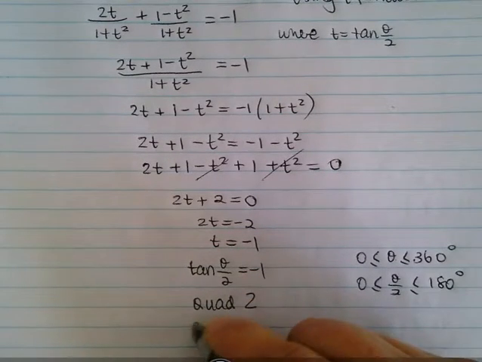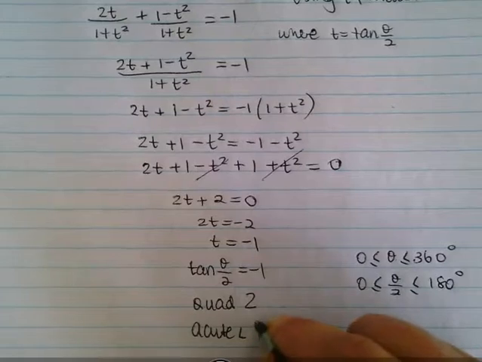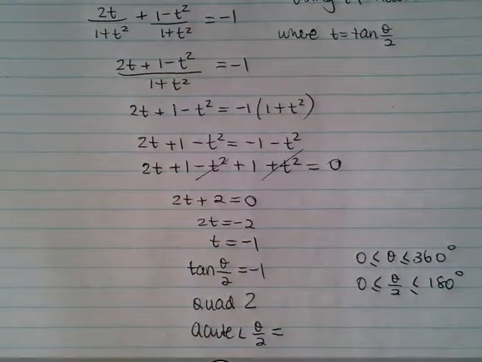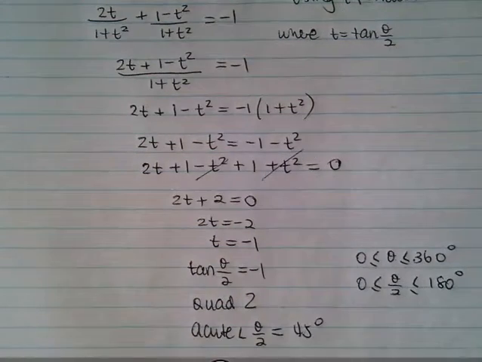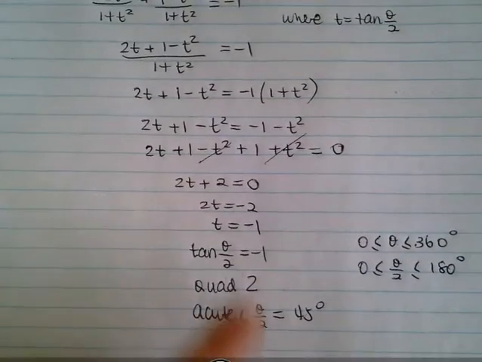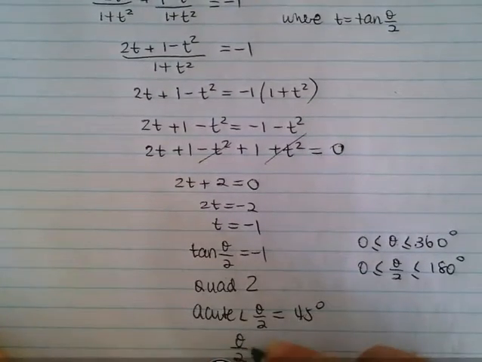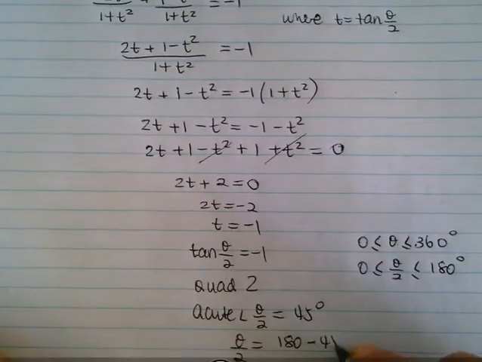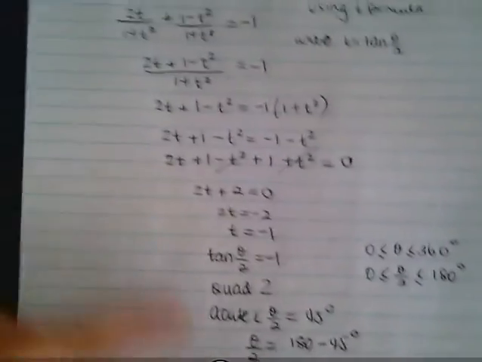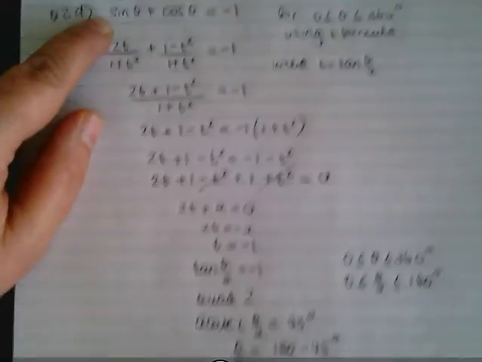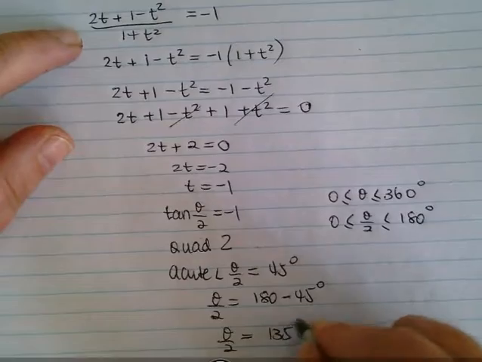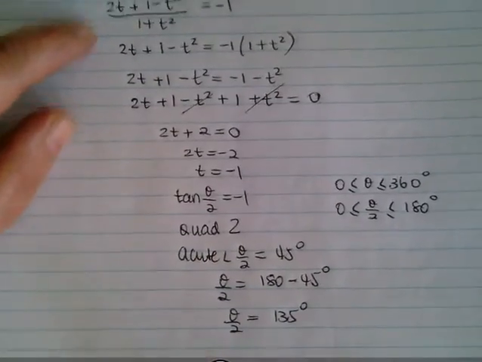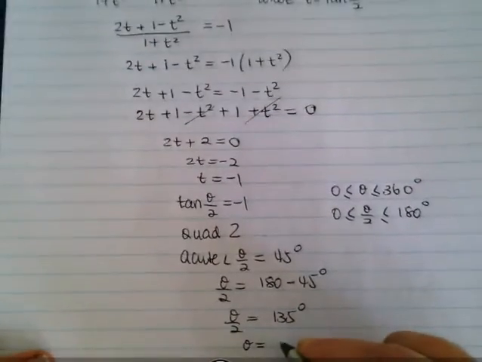So the acute angle for theta on 2, ignoring the negative now, tan of what is 1? But that's not quadrant 2. How do I do quadrant 2? Don't forget to do this step. Theta on 2 is 180 minus 45. So theta on 2 is 135. We okay? In other words, theta is 135 times 2.